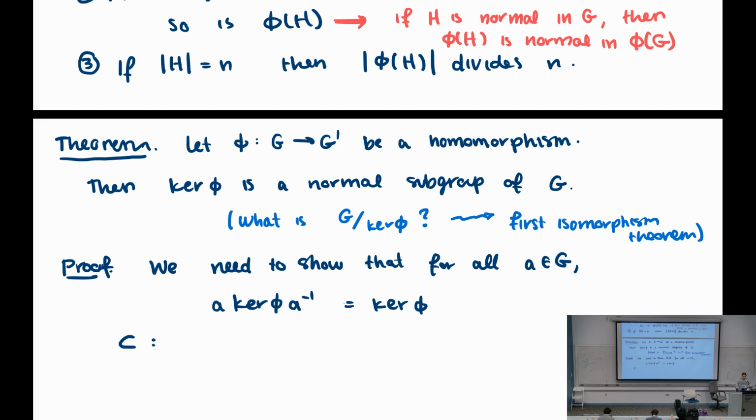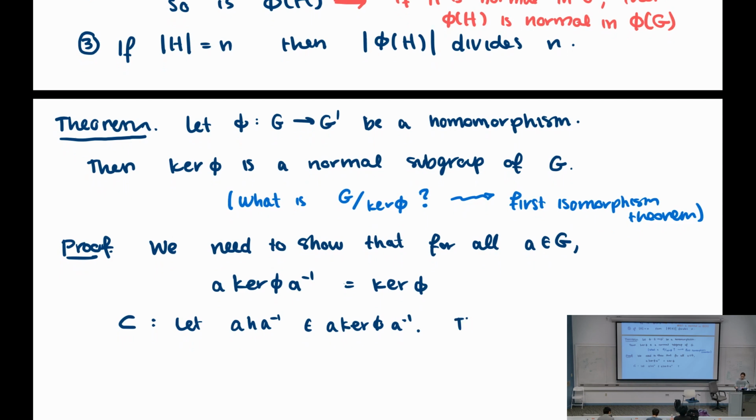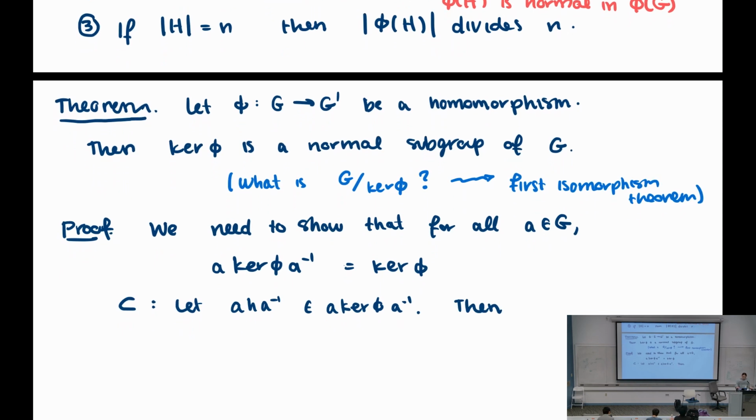So for this inclusion, let's let A H A inverse be an element of A kernel phi A inverse. So here H is going to be an element of the kernel of phi. Then we need to show that this element is in the kernel.